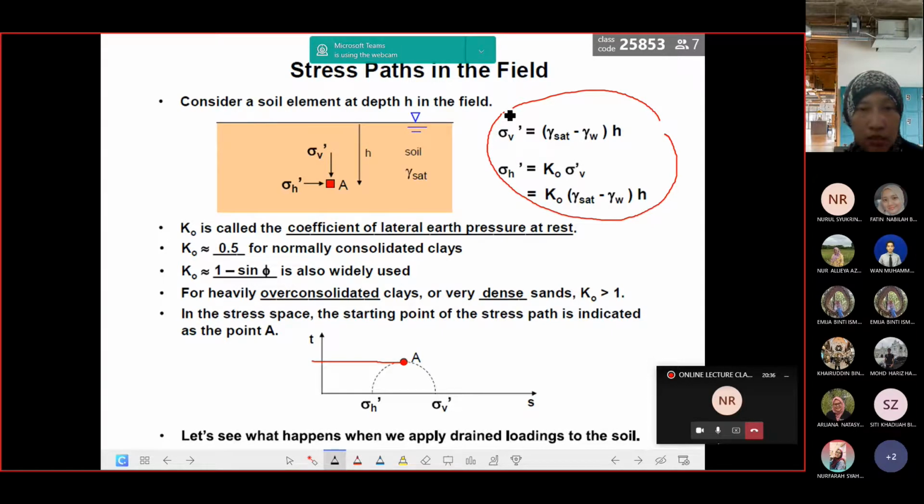So this is the example if you want to study the stress path in the field.